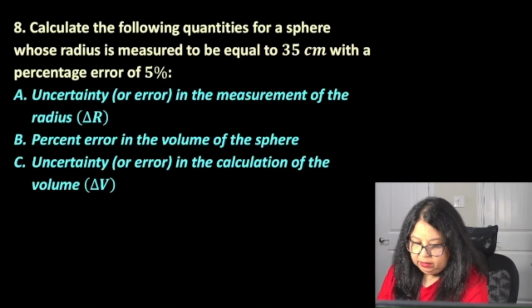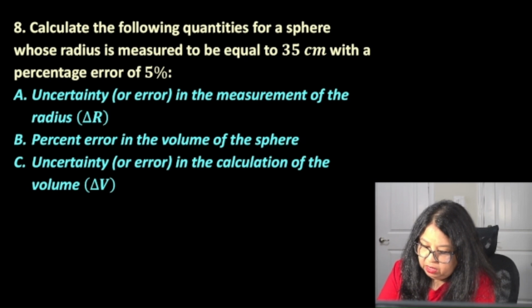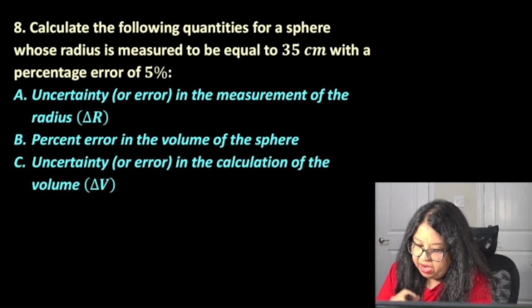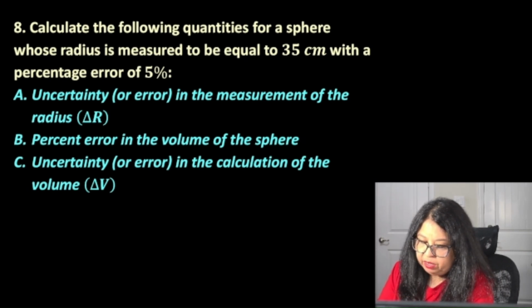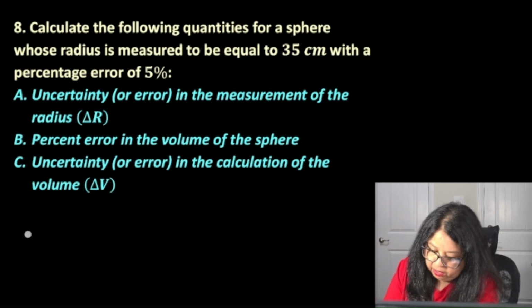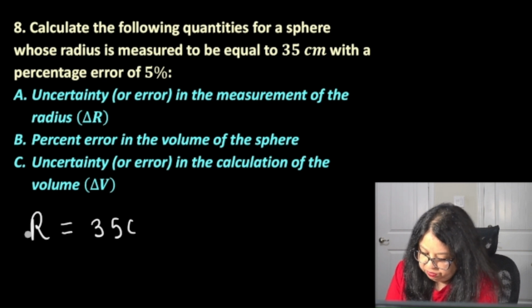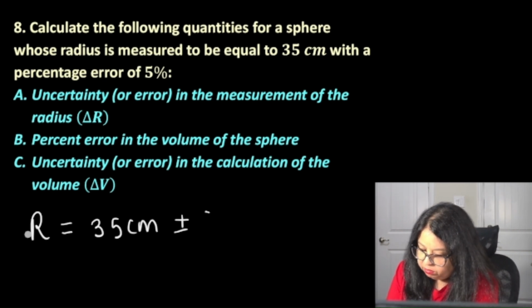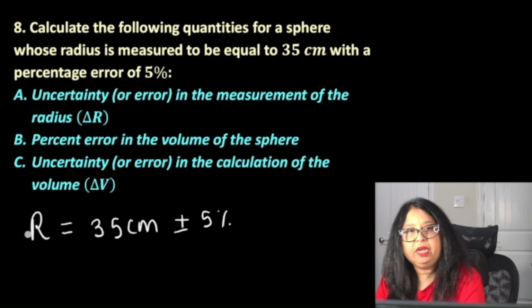Problem number 8. Calculate the following quantities for a sphere whose radius is measured to be equal to 35 centimeters with a percentage error of 5%. Okay, so for this sphere, the radius is 35 centimeters plus minus 5% error.